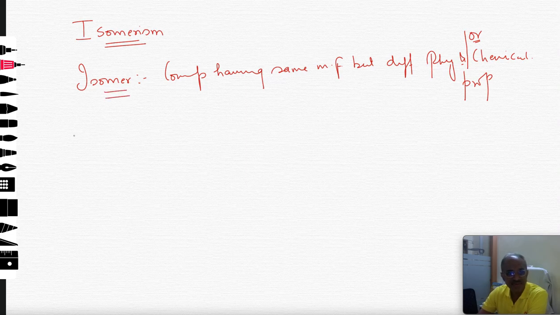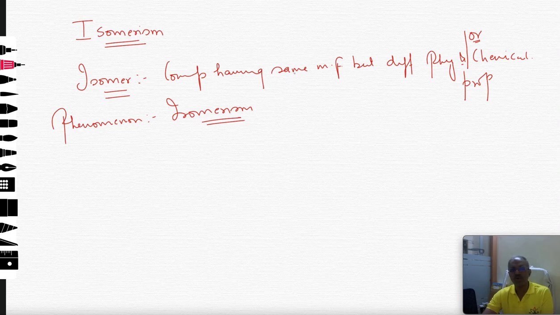And the phenomenon is known as isomerism. An isomer is a compound having the same molecular formula but different physical and/or chemical properties, and the phenomenon is known as isomerism. Now, in isomerism there are basically different types.